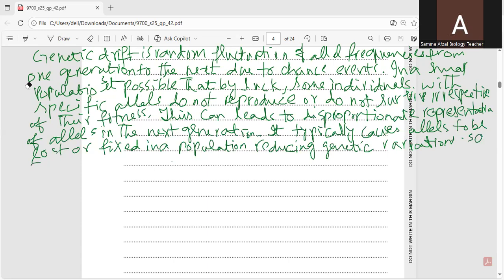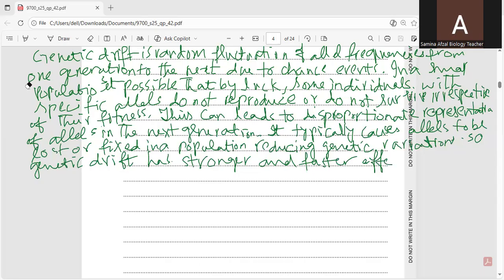So genetic drift has a stronger and faster effect on small populations.